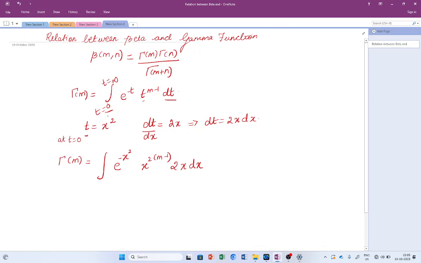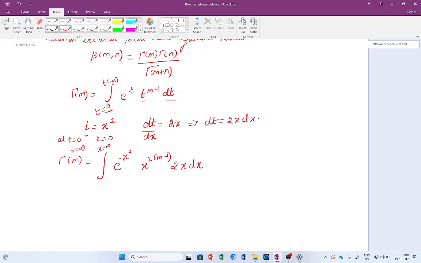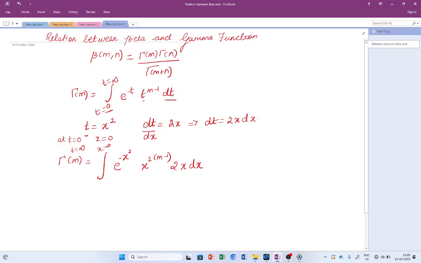Now if t is infinity, then x square will be infinity, so x automatically will be infinity. So now my x varies from 0 to infinity, so the limits will be from 0 to infinity.